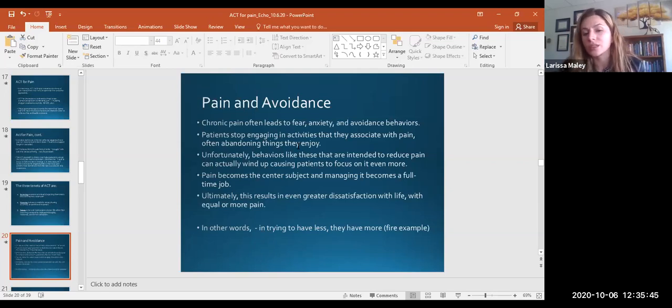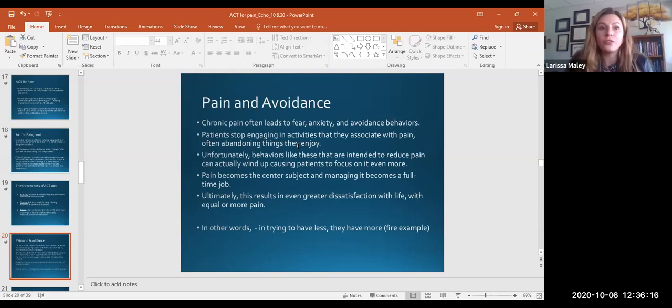Ultimately, it results in great dissatisfaction with life and equal or more pain in the long run. So we call that piling on, right? And we see that with our substance use disorder patients all the time. They've been engaged in this avoidance for so many years. They've selected the avoidance over everything else, so that by the time they're ready to deal with it, they're looking back at many lost opportunities, tremendous loss in all areas of their life.